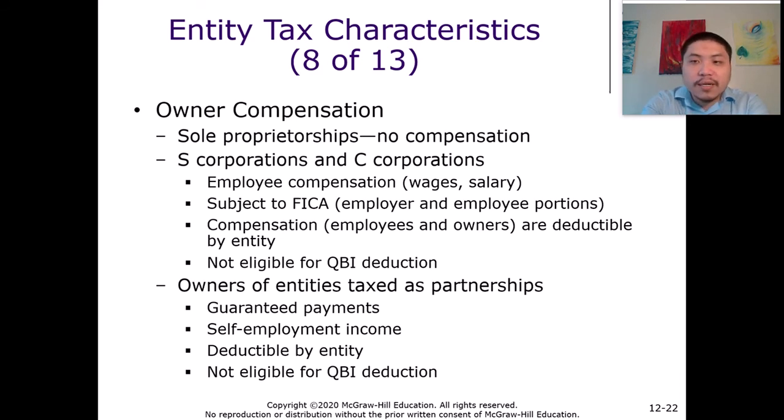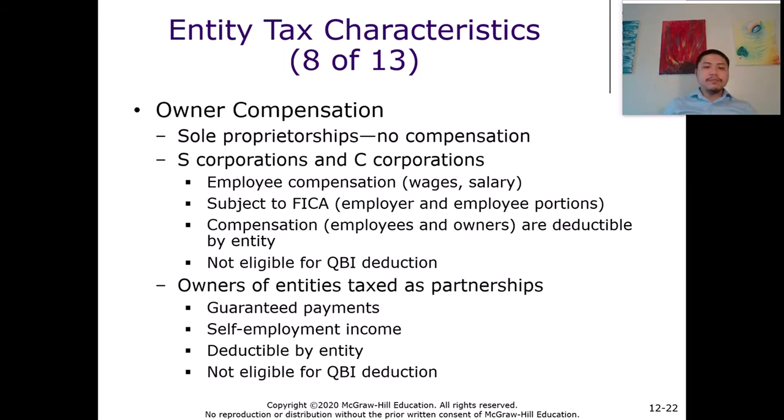But for sole proprietorships and partnerships, since the income flows right away to the owners, if they participate in managing the business, then they themselves have to pay their own FICA taxes, pretty much their own self-employment taxes.